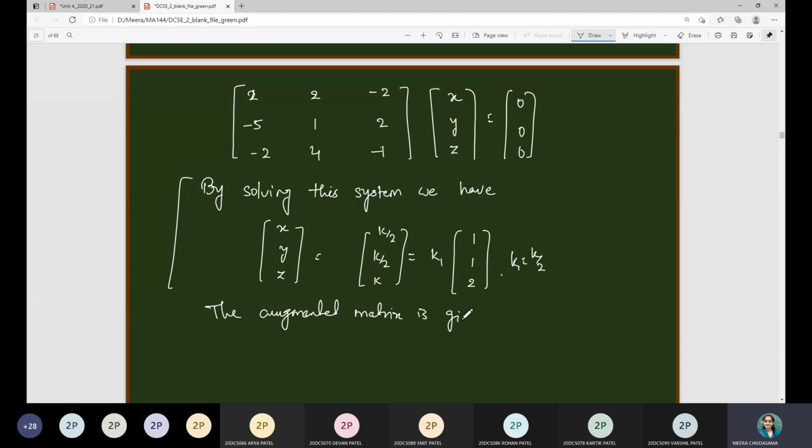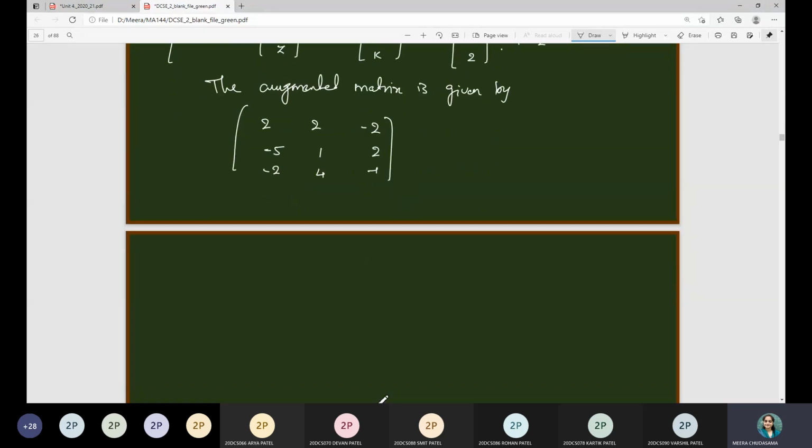is given by 2, 2, minus 2, minus 5, 1, 2, minus 2, 4 and minus 1. So I will first apply 1 by 2 R1.